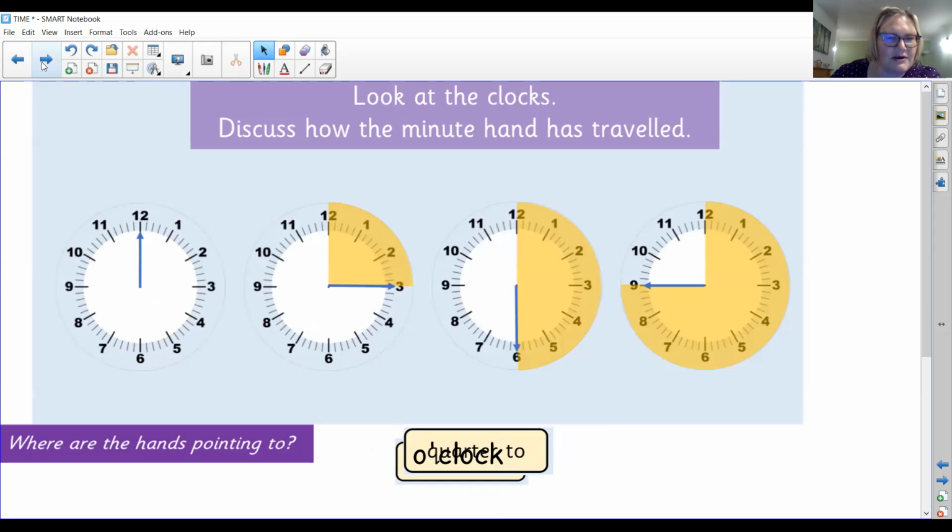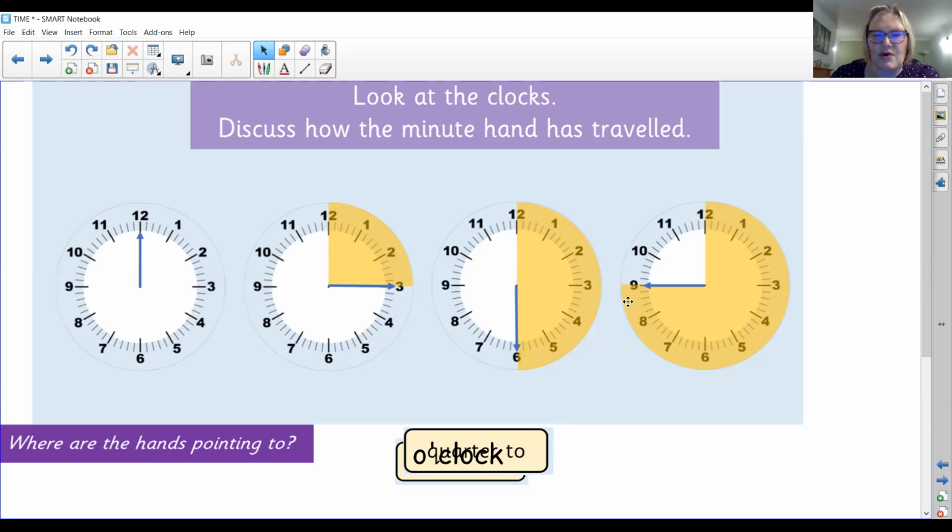Now, can you look at the clocks and see? It starts at the 12, where it's coloured is the first quarter, and that's 1/4 the hour. Then we move on and it goes to the number 6, and that's 1/2 the hour. And now look at how much time is left to go until the next hour, because that's how we read time.